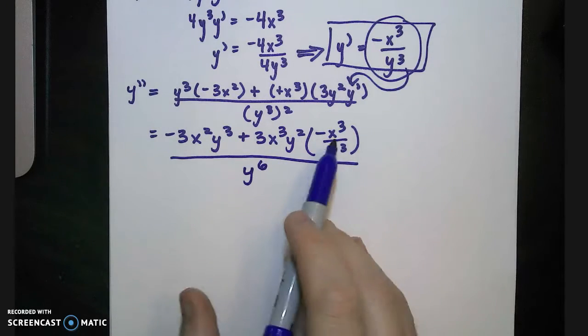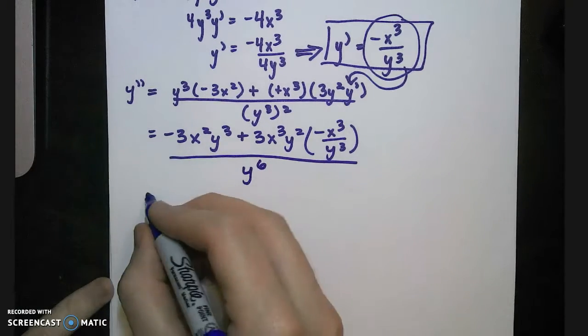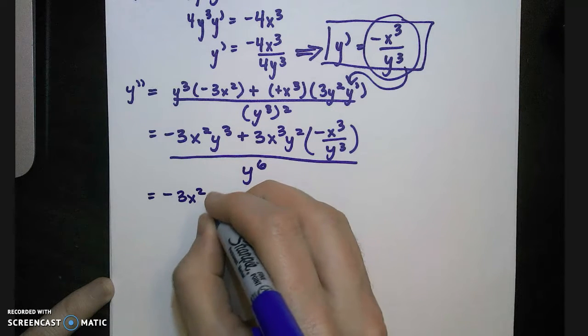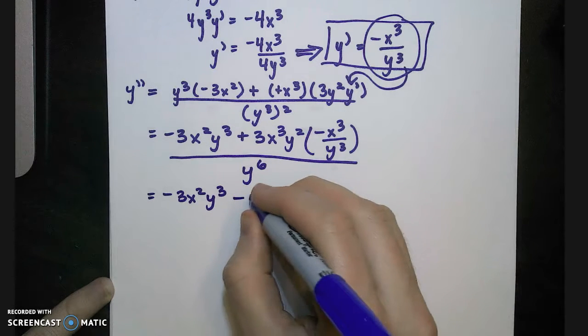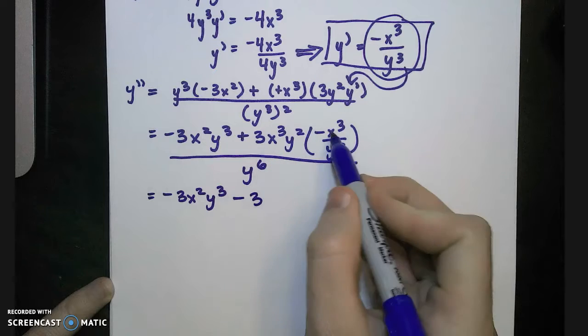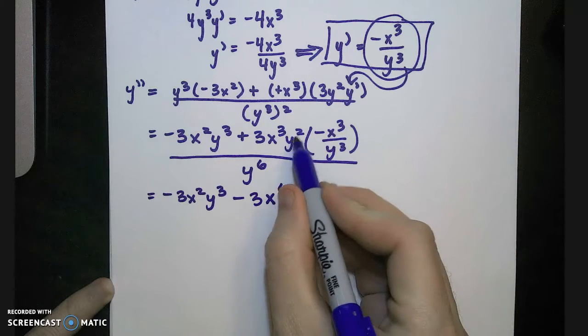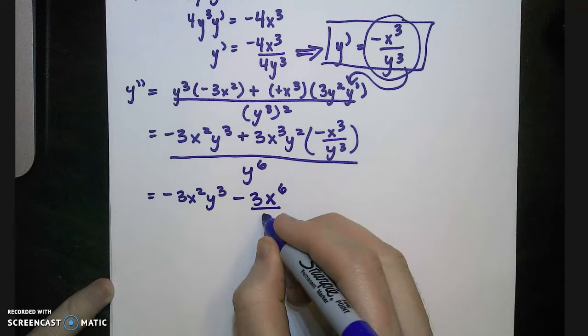Then I need to simplify the top. It looks really messy. So that first term is going to stay the same. I've got a negative here, so I'll move that in front. I can put my x's together. That'll be x to the sixth. And then I've got y squared divided by y cubed. So that would give me a y on the bottom.